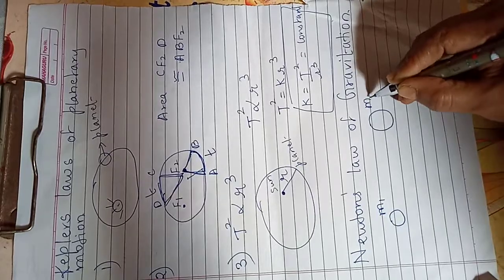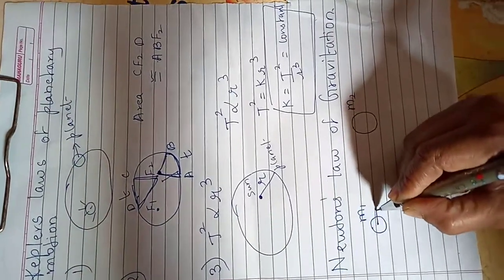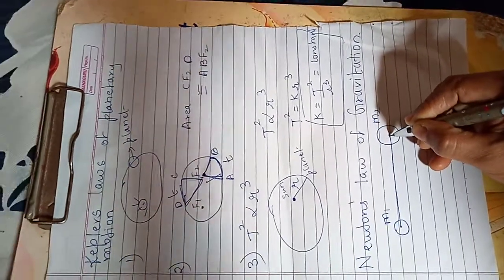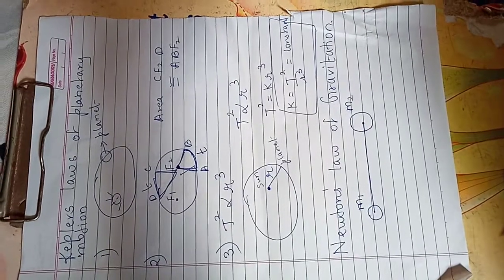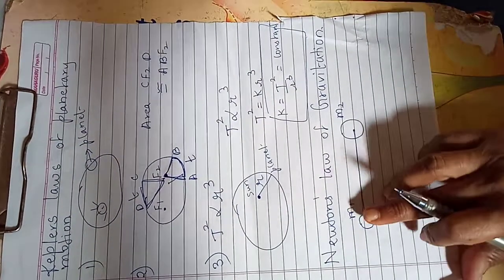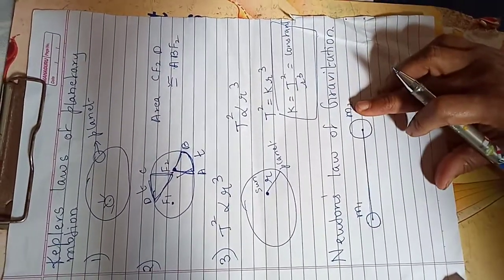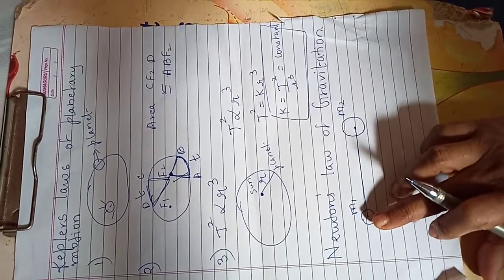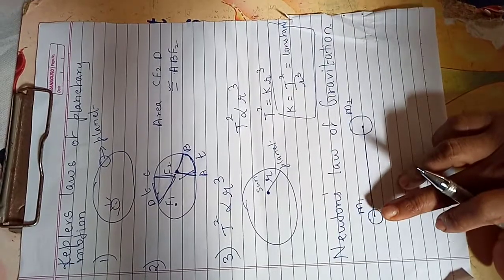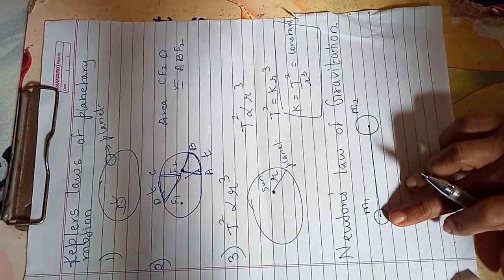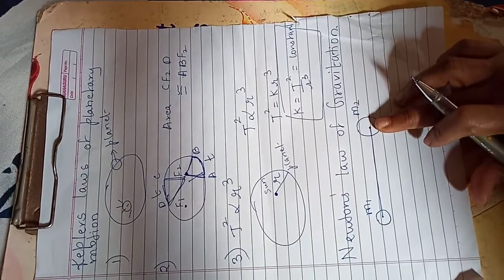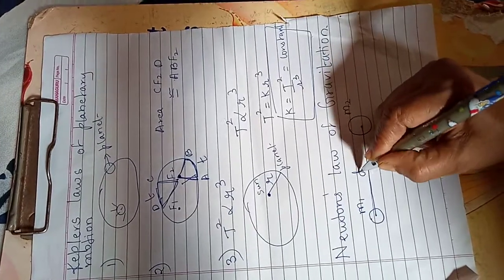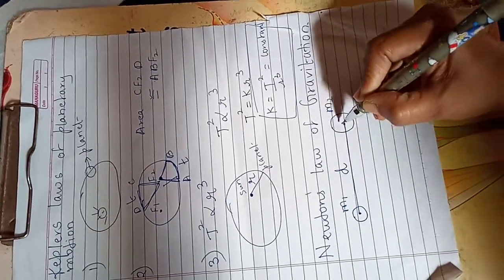I am drawing two bodies of masses m1 and m2 which are unequal in sizes. You should not draw them the same size. One should be of smaller size and the other of greater size. Let d be the distance of separation between their centers.